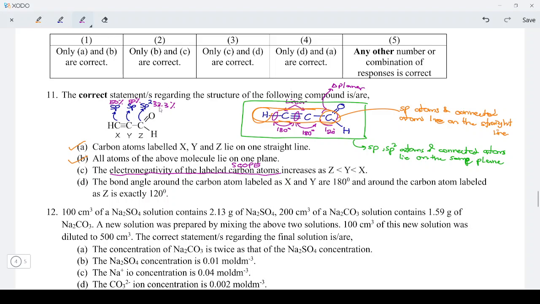And you can see the lowest S character is for Z, and then Z should be the lowest electronegative atom. Is that clear? Okay, so Z should be the lowest electronegative atom.